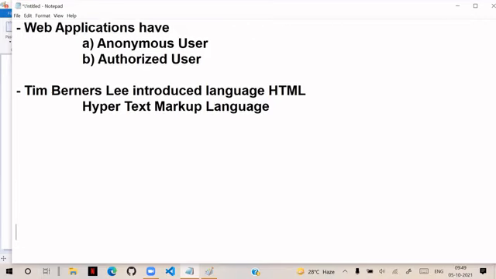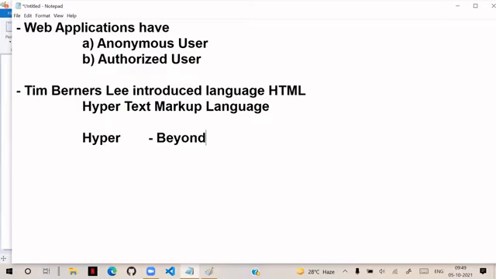See, because our web applications use this hypertext markup language, actually the term hyper is a Greek term. Hyper means beyond.